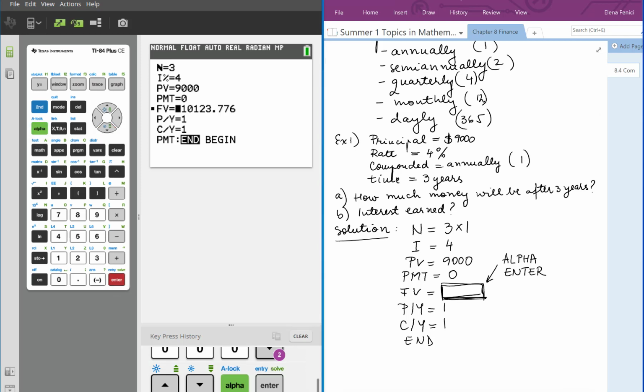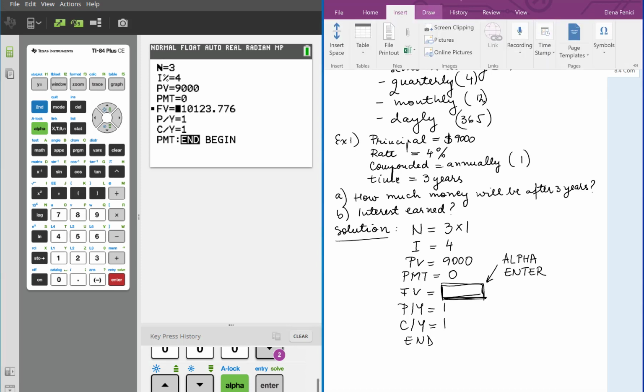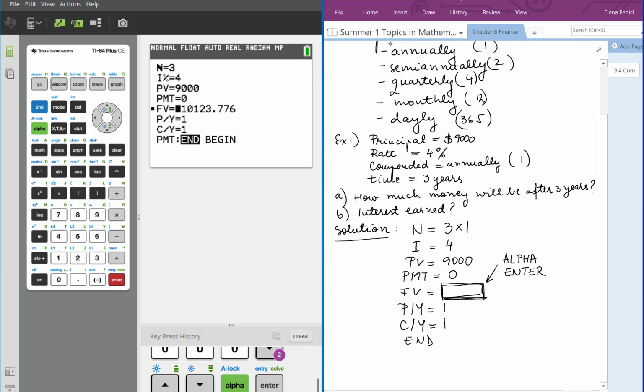Why? Because if you look on top of enter, it says in green solve. So the future value, which is what we found, is 10,123.78. I rounded to 2 decimal places, to the nearest hundredth. It says minus there. Don't worry about the negative.